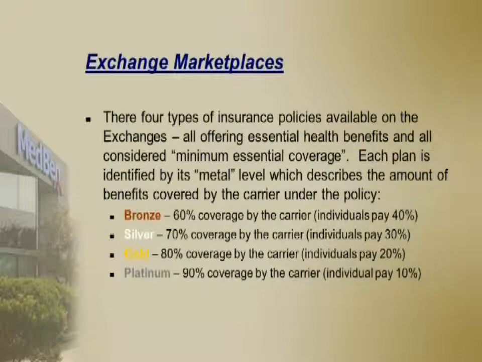The silver plan is the plan that is used to measure whether someone's eligible for a subsidy. So when the exchange is looking at subsidy calculations or financial assistance to individuals, they're going to be calculating that eligibility based on the second lowest cost option in the silver category.